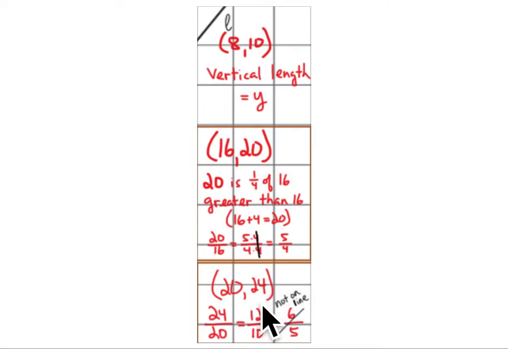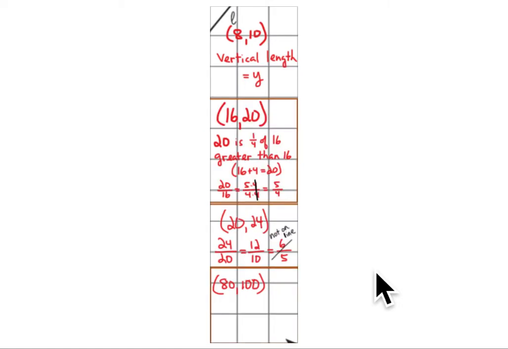This is just 1 unit short of that. The reason I can say that is 25 is 1/4 of 20 greater than 20. These are hard things to think through. You just have to put pencil to paper and practice it.